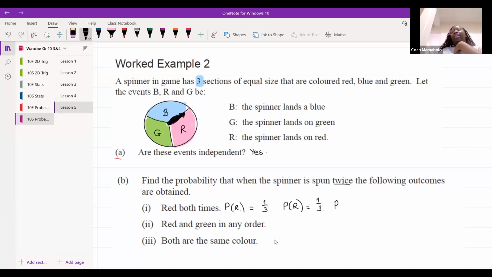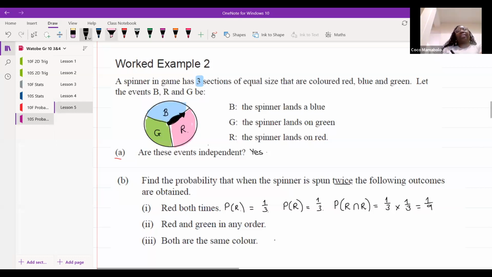So what is the probability of landing on red and then on red? Now, this is the product rule. So we're going to have 1/3 times 1/3, which should give us 1/9. Okay. Funzo, the product rule means times. Because the events are independent.